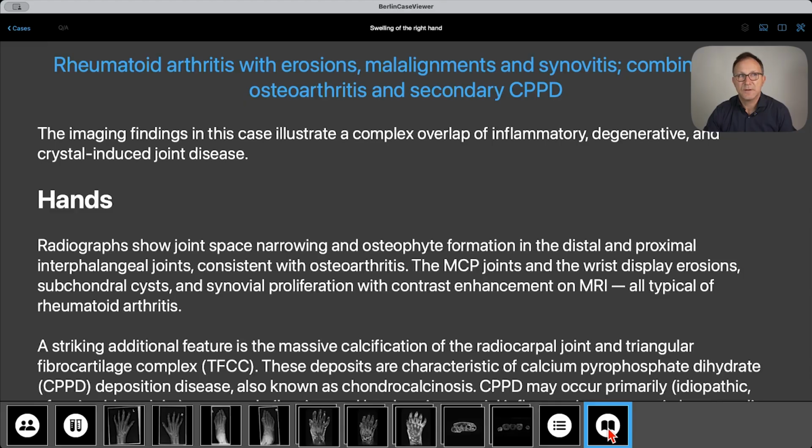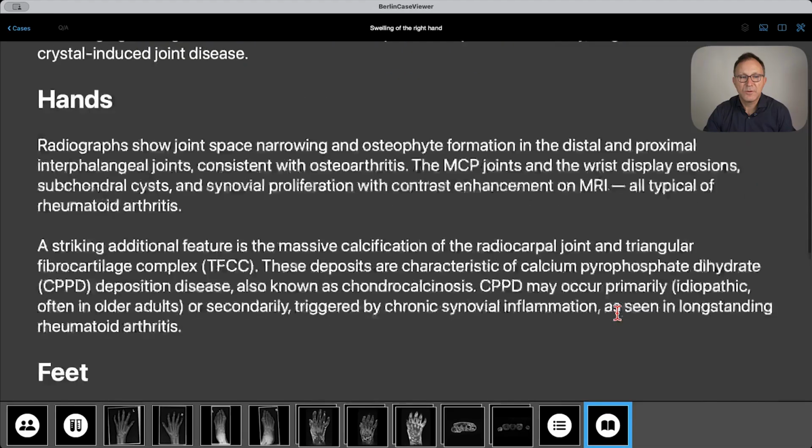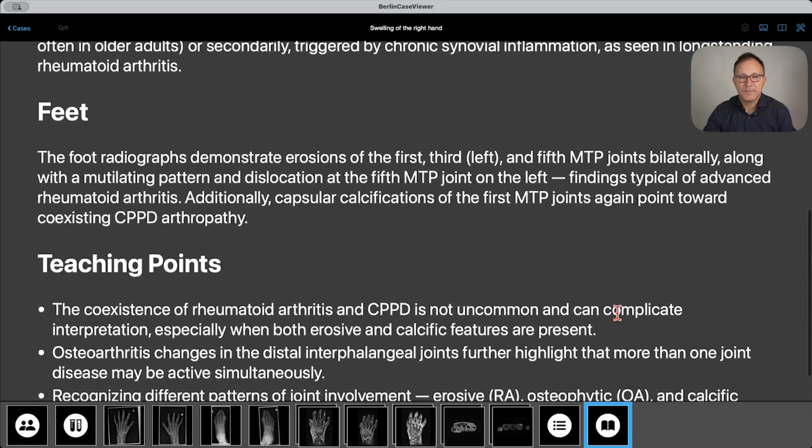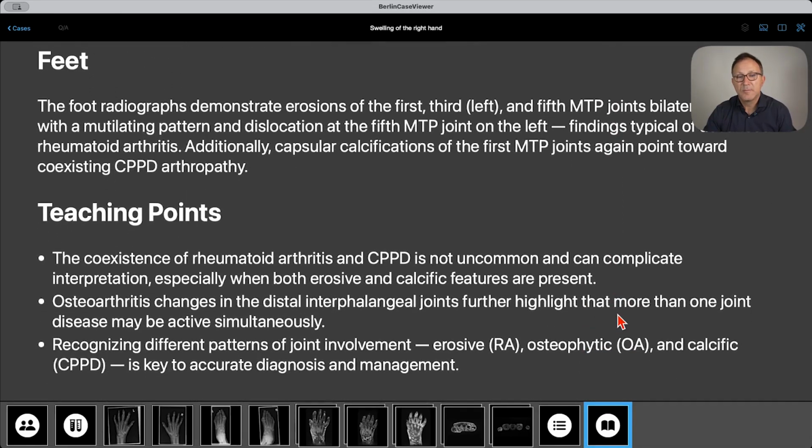So it's not on the same joints in most of the instances. And we have calcium pyrophosphate deposition disease, CPPD. And this CPPD can occur as a primary disease, but in patients with RA and also OA, it sometimes occurs as a secondary feature due to the long-standing inflammation.